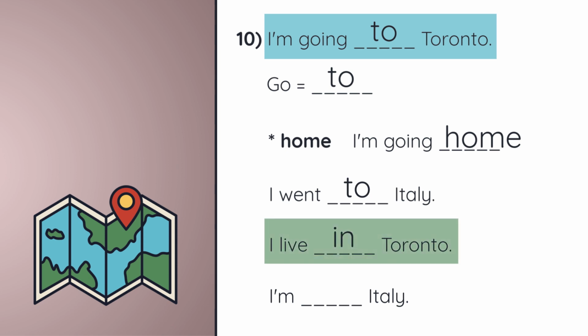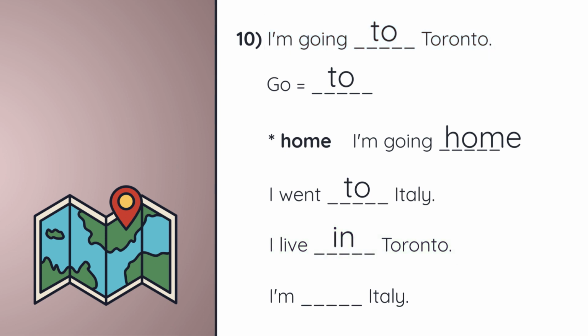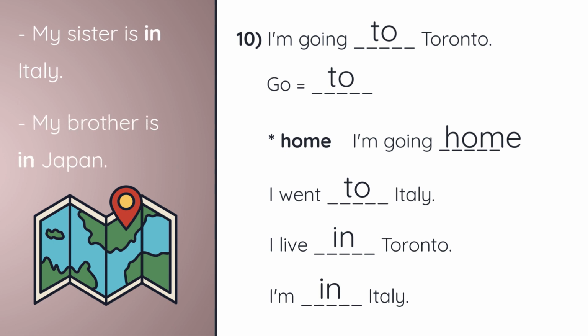I live in Toronto. Or if I don't even want to use the verb live, I can just say I am in Italy. My sister is in Italy. My brother is in Japan. So we can use in with countries or cities when we are talking about living there or being there. But when we are talking about go, we use to.